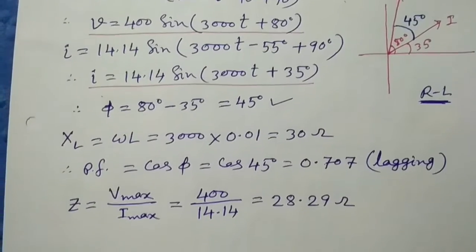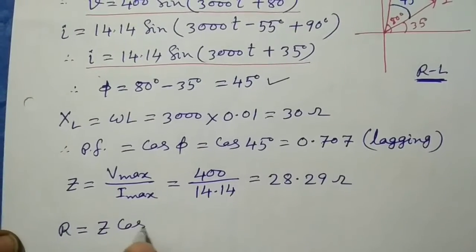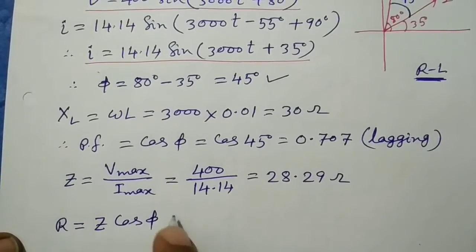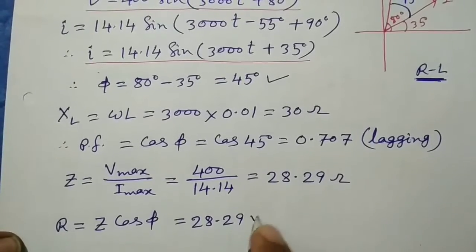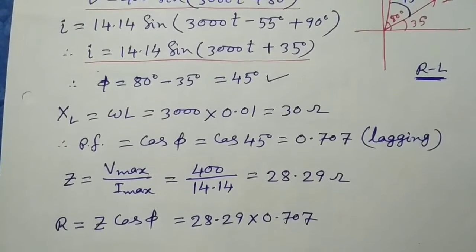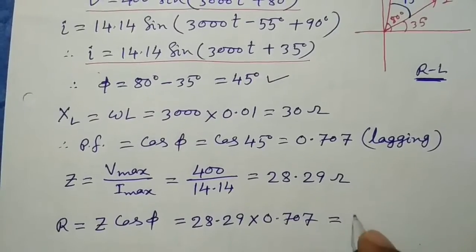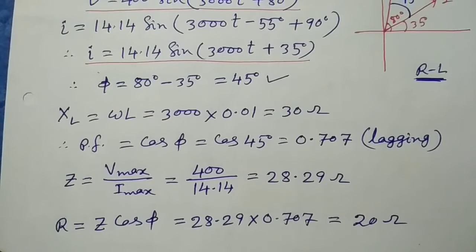Now, from the impedance triangle, we know that R can be written as Z cos phi. Z is 28.29 and cos 45 degree is 0.707. So we get the value of R as 20 ohms.